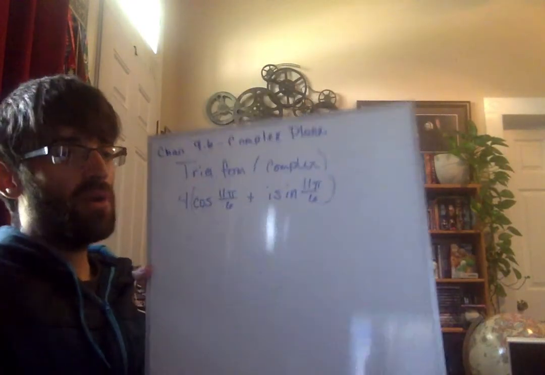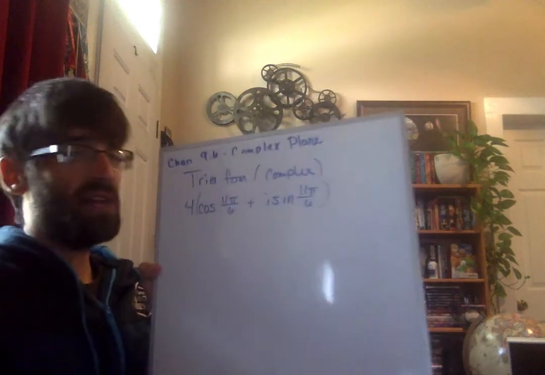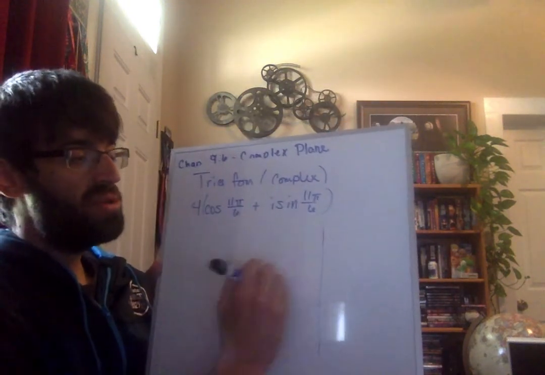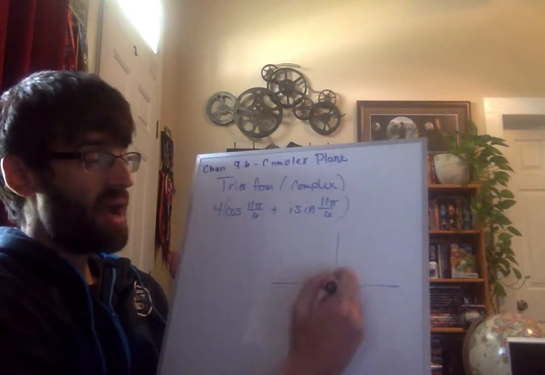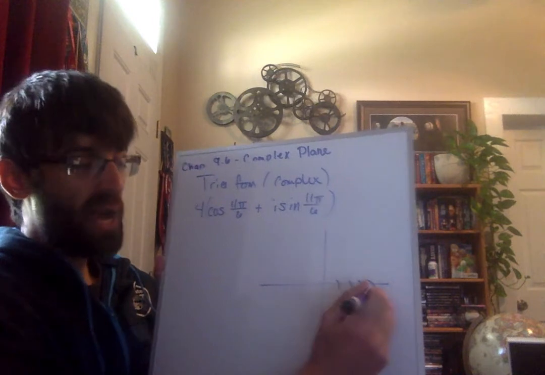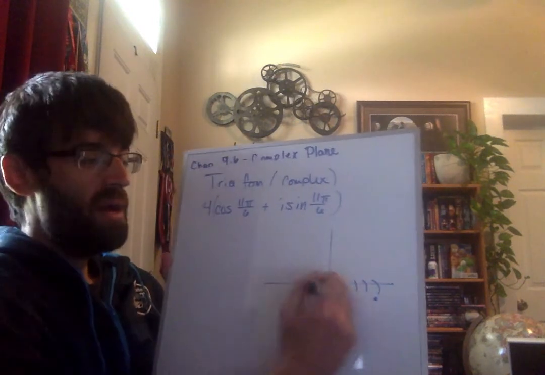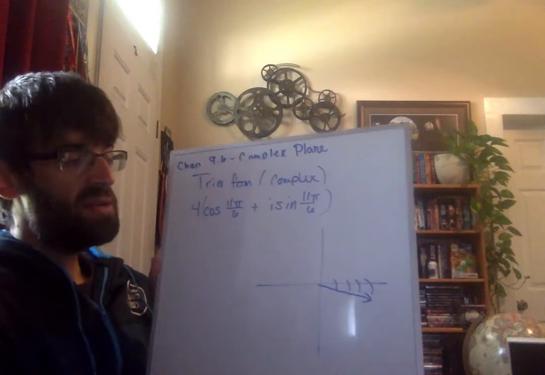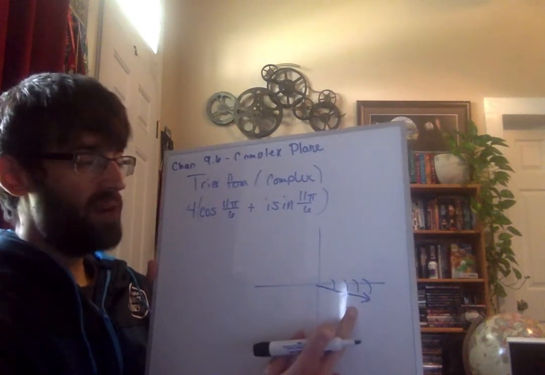I was given 4 cosine of 11 pi over 6 plus I sine of 11 pi over 6. If I were to graph it in polar coordinates, I would go out 4 and around 11 pi over 6. That's 1 pi over 6 shy of 2 pi. So it's going to be right there in quadrant 4.